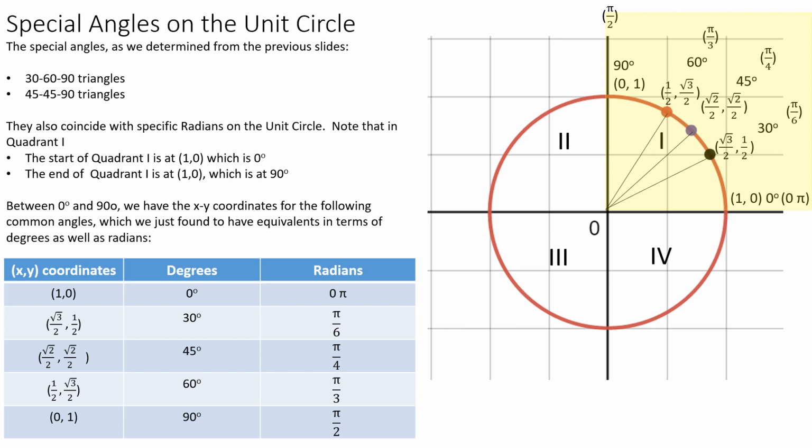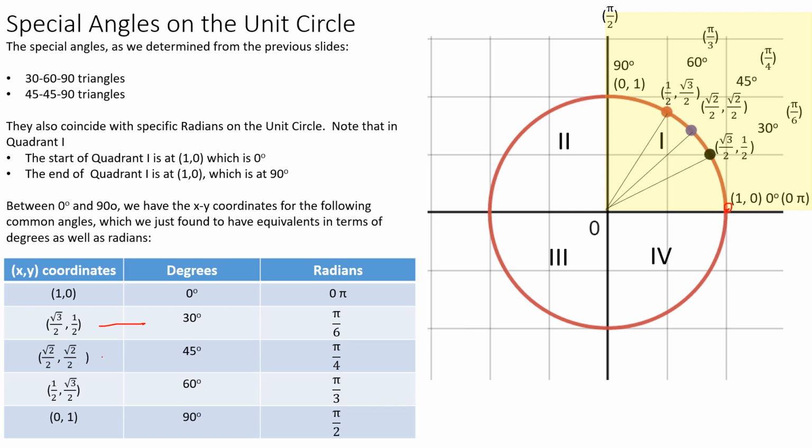Now, we've already figured out our special angles here. We've got for 60 degrees, the coordinate is 1/2, square root of 3 over 2 on the unit circle, square root of 3 over 2, 1/2 for 30 degrees, and for 45 degrees, square root of 2 over 2, square root of 2 over 2. I've got a table here, and notice these are the coordinates. Here is 1, 0, that's where it starts.